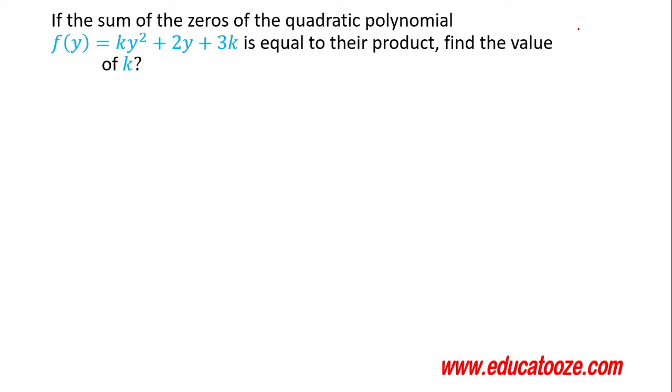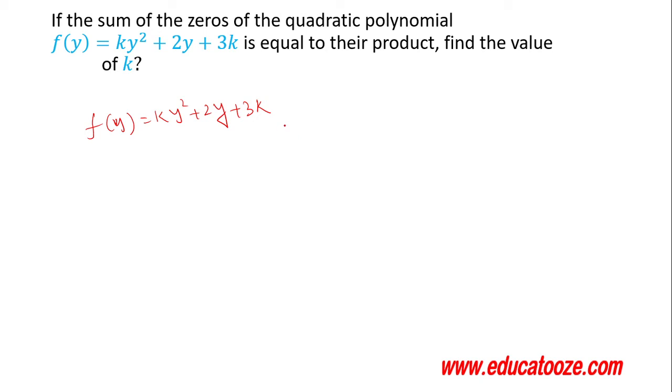See, next example, let's see what it says. If the sum of zeros of a quadratic polynomial is equal to their product, let's see what polynomial is given. F of y equal to ky square plus 2y plus 3k.